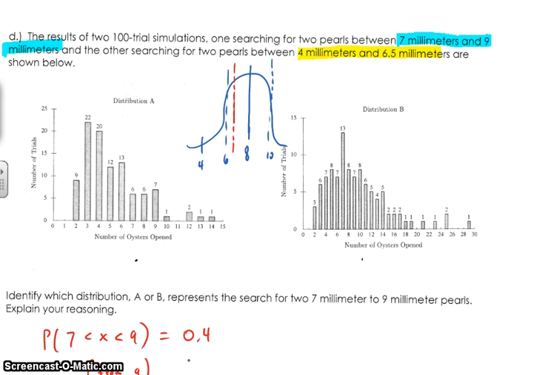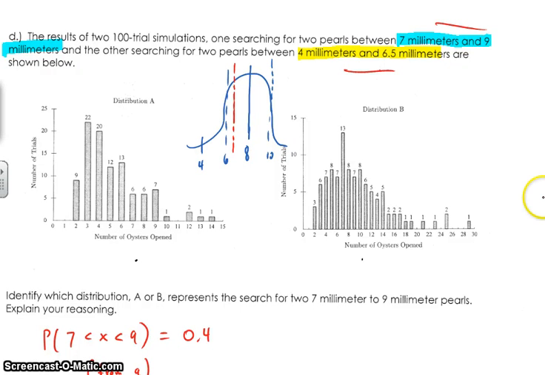So I guess the question is, is it more likely to find a pearl between 4 and 6.5 or 7 and 9? Okay, now 4 to 6.5 is a range of 2.5, whereas 7 to 9 is a range of 2. So maybe it seems that it's more likely to find between 4 and 6.5.